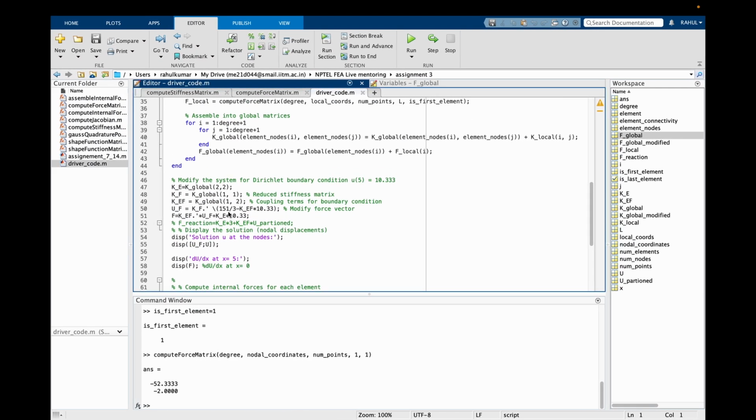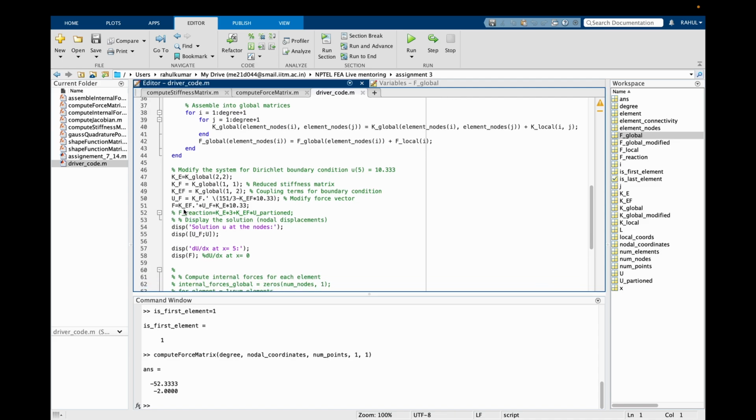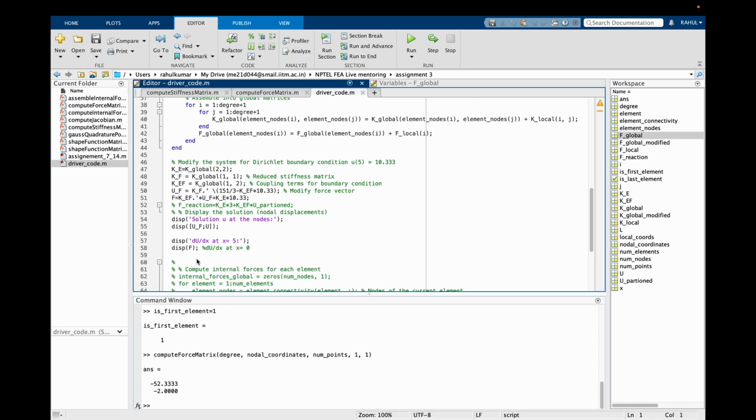FF we already know, and UF is already given as the Dirichlet boundary condition. From this you can get UF. After using UF, you can directly find F, and F is du by dx when x equal to 5.